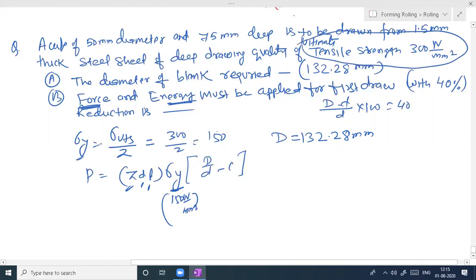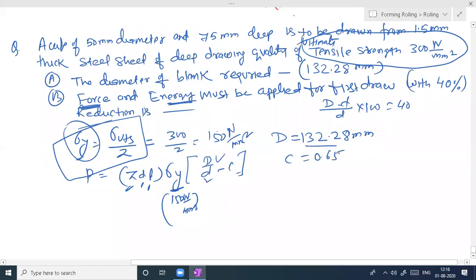So you have to take yield strength, which is half of this. Then D is this much, and D and C you take 6.5. Then you can calculate force. What is the force value?